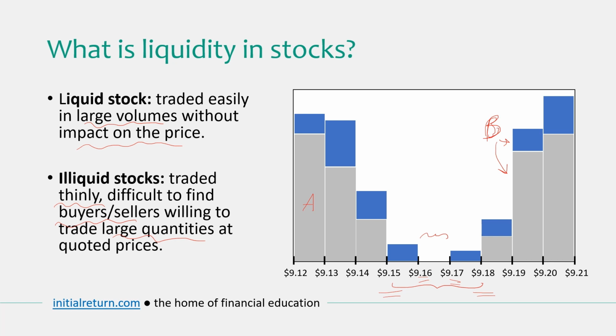But essentially, if a market sell order for A comes, it might start taking away this block, and so on. Whereas for B, the same size will have a lower impact because the bars are taller. This one will go first, and then there's also more quantity available here, more quantity available here, and so on. So both due to order book depth and bid-ask spread, we say that B is more liquid than A.